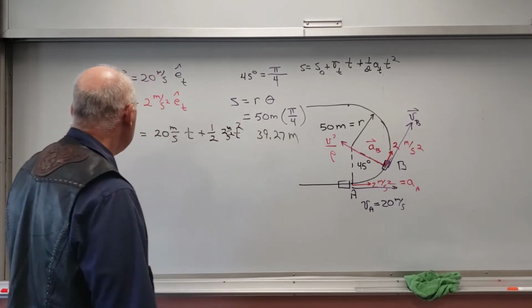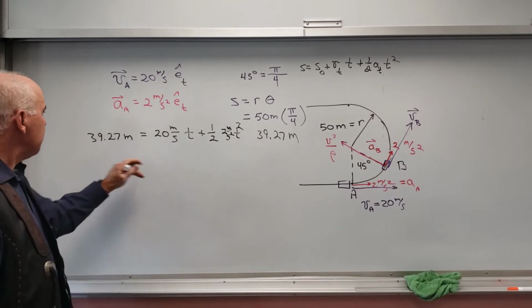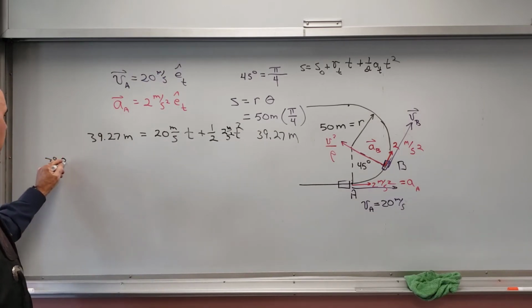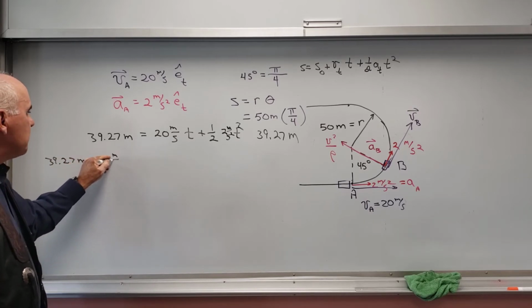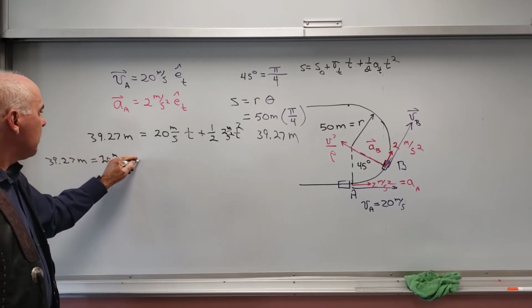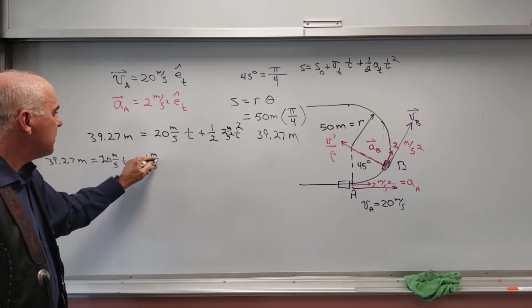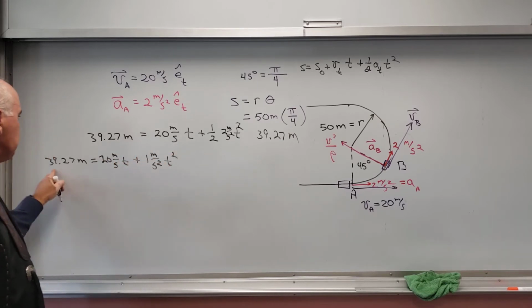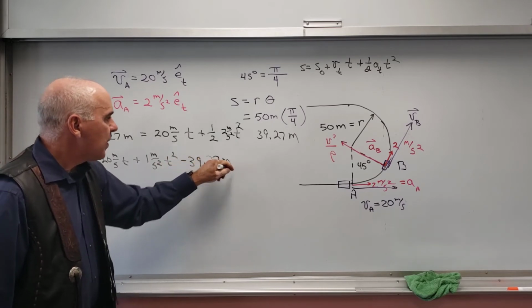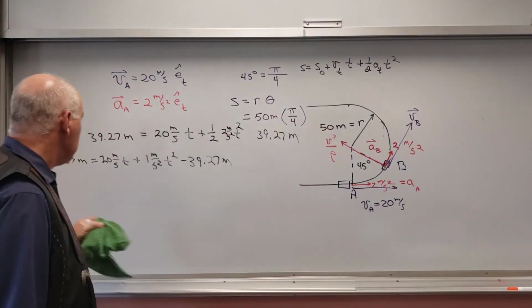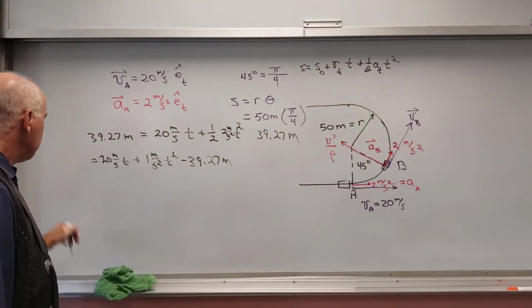Got a little crowded there. All right, so that's going to be 39.27 meters equals 20 meters per second t plus 1 meter per second squared t squared. So let's bring the 39.27 over here. Right? And on the left-hand side of the equal sign, I'm going to put a 0.